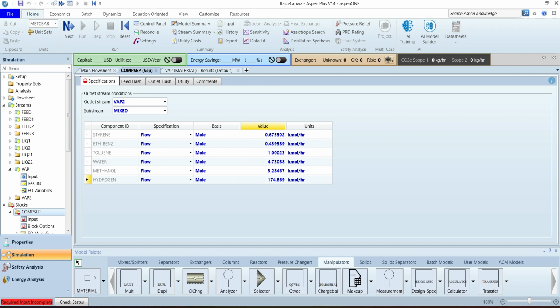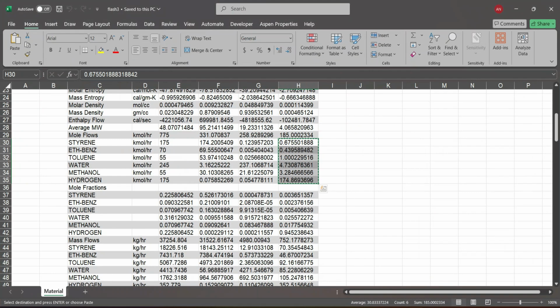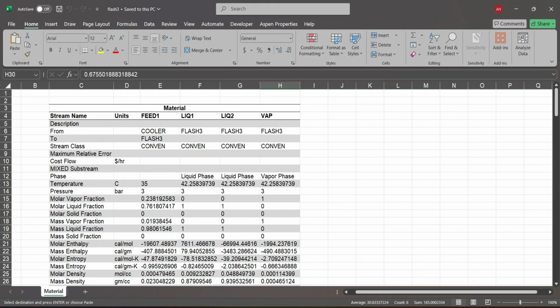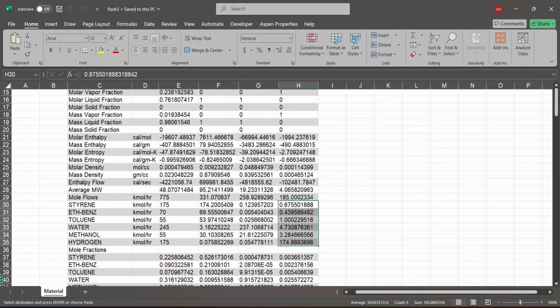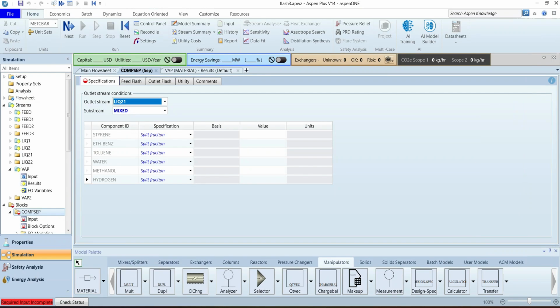So these are all the components passed to the vapor phase, and let's define the liquid 2 1. For liquid 2 1 we can similarly define the molar flow rates. So let's copy all the flow rates for the liquid 1 stream and pass them as flow rates to the component separator block.